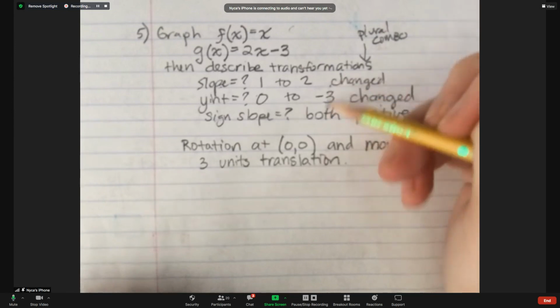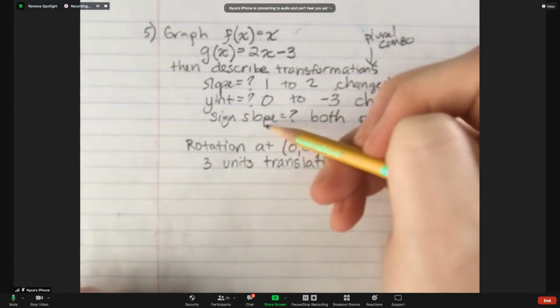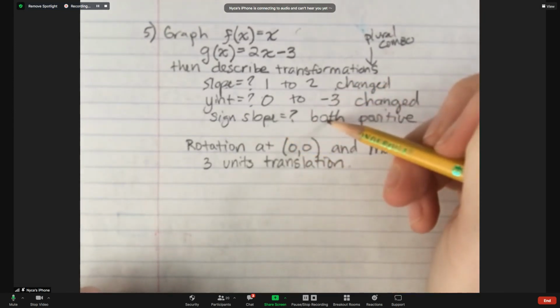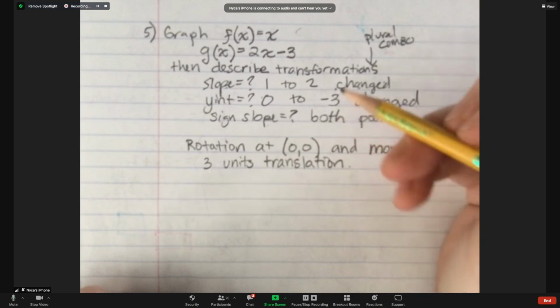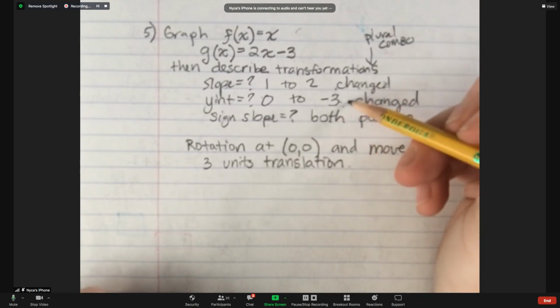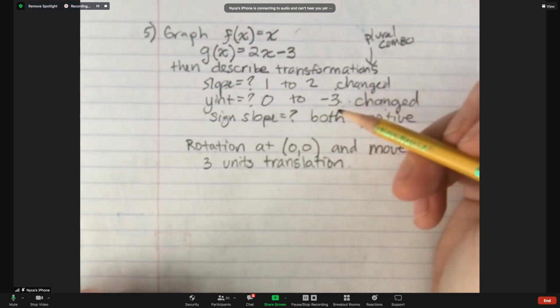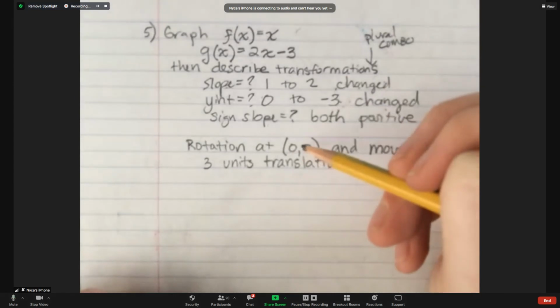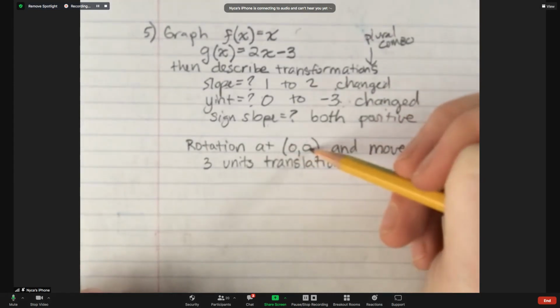If both of them don't work, then you need to look at the slope sign so that you can see, all right, are we dealing with reflection? Nope. Okay, now we know that both things change, which means you had to do both of these. When you rotate, the y doesn't change.